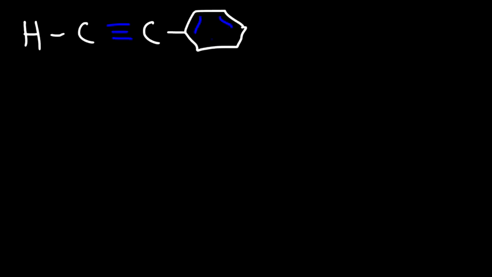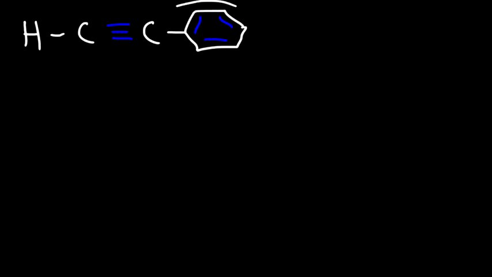Now for this next example, all I want you to do is to write the common name. So let's say that we have a benzene ring attached to the carbon-carbon triple bond. How can we name it?